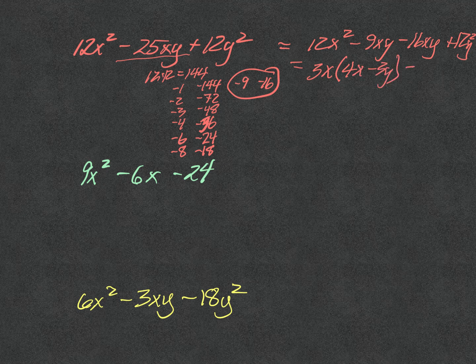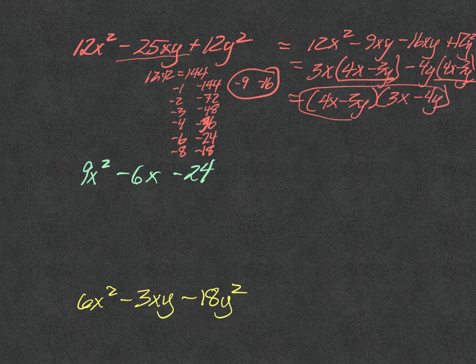And then here we'll factor out a negative 4y, and we'll get 4x minus 3y. So the groups are the same. So we factor the common group, 4x minus 3y. We write what's left, 3x minus 4y. And there is a complete factorization. Okay?